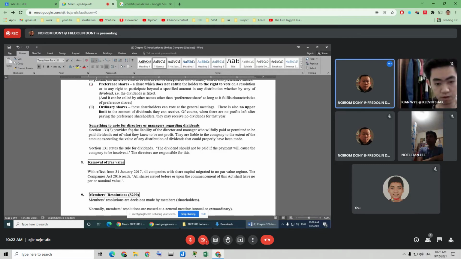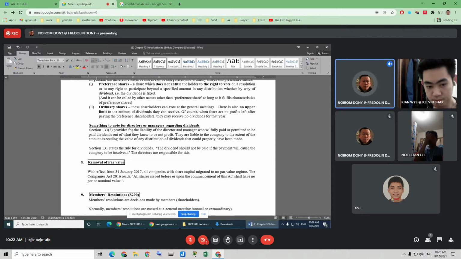So both shares won't get money if there's no profit? For preference share, if the company is not making profit, they're still receiving the set dividend. Only the ordinary won't get.